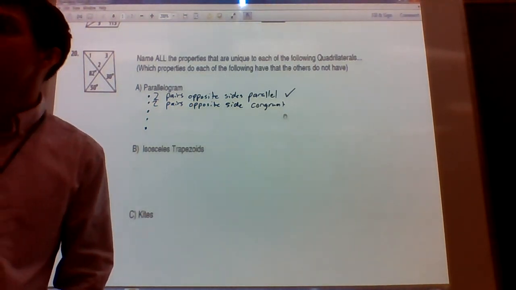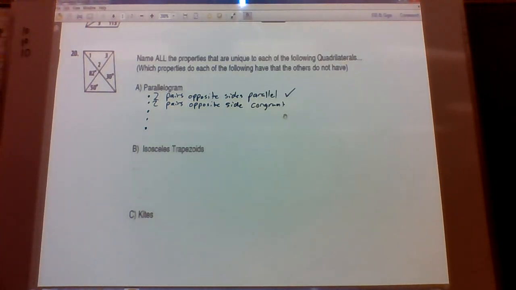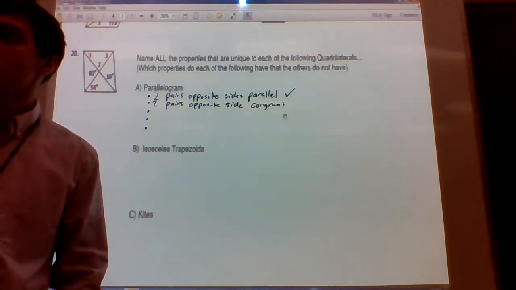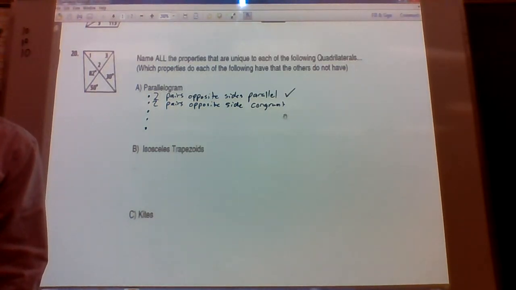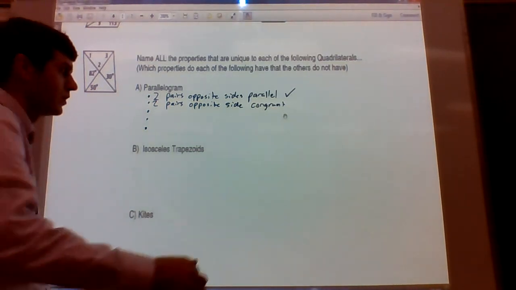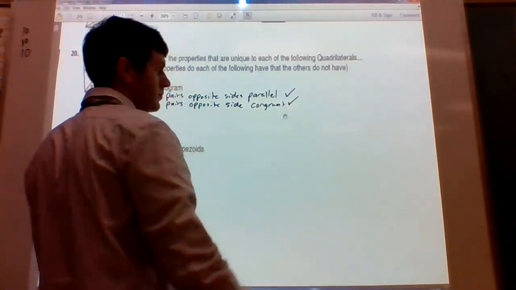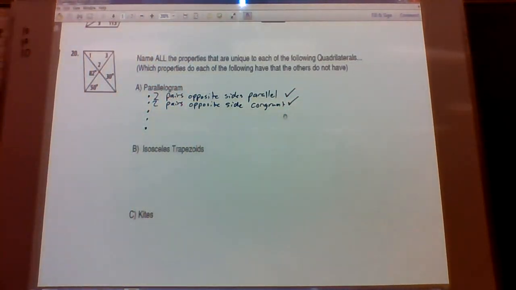No. If they had 2 pairs of opposite sides that were congruent, they would not be a trapezoid. They'd be a rectangle or rhombus. So we know that's not going to be true. So we know that this is a unique property. I'm going slow so I'm thinking of every option so I don't screw up these answers here.